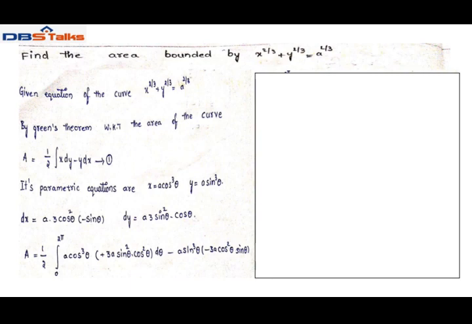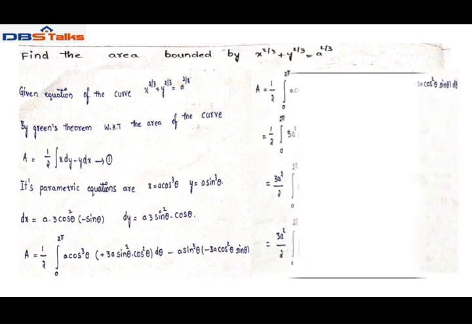Then substituting these values in equation 1, we get A = 1/2 ∫ from 0 to 2π, where x is a cos³θ, dx is 3a cos²θ (−sinθ) dθ, y is a sin³θ, and dy is 3a sin²θ cosθ dθ.